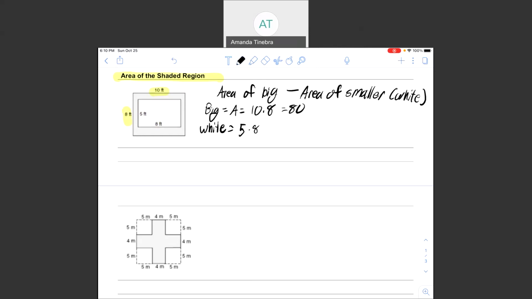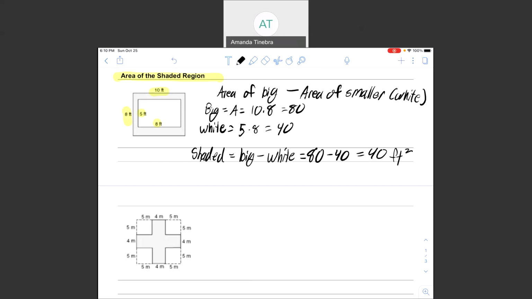Again, we're doing the length times the width. 5 times 8 is 40. So the shaded area is the big rectangle minus the white rectangle. Well, the area of the bigger rectangle was 80, and the area of the white rectangle is 40. So my area is 40, and that's feet squared.